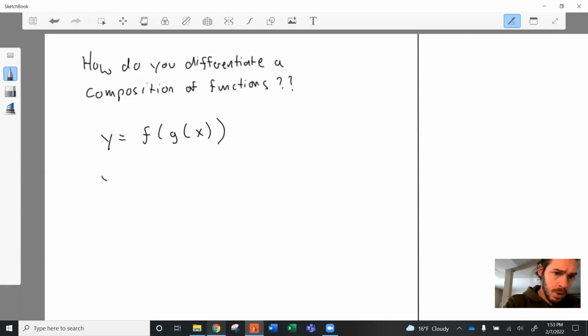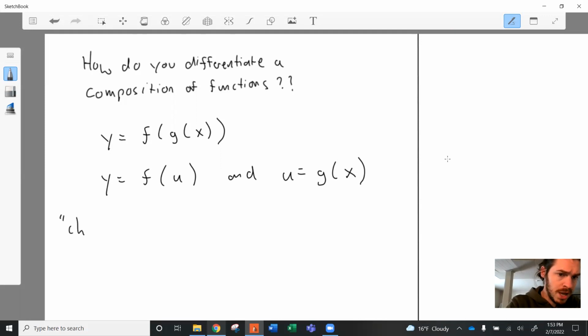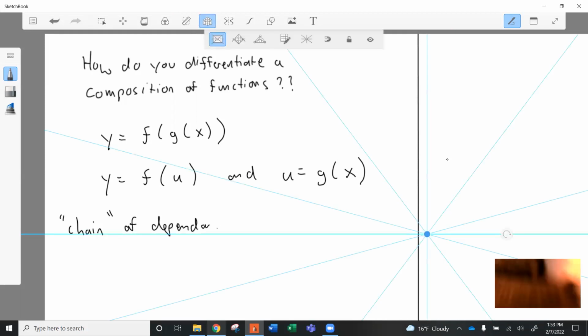So we're going to say y equals f of u, and in turn, u equals g of x. So setting it up like this produces what we call a chain of dependence in the variables. See if I can spell dependence correctly. Oopsie.